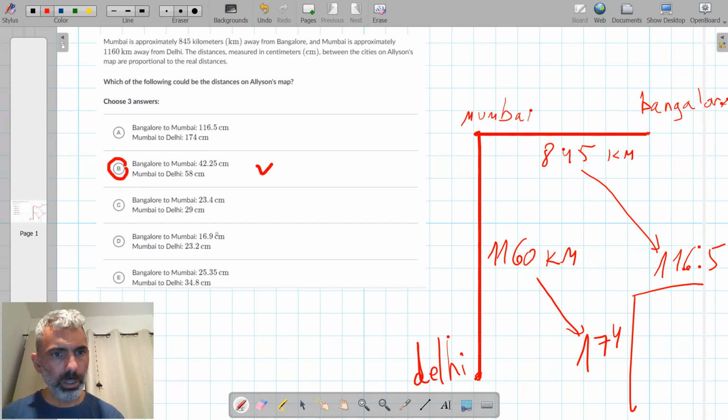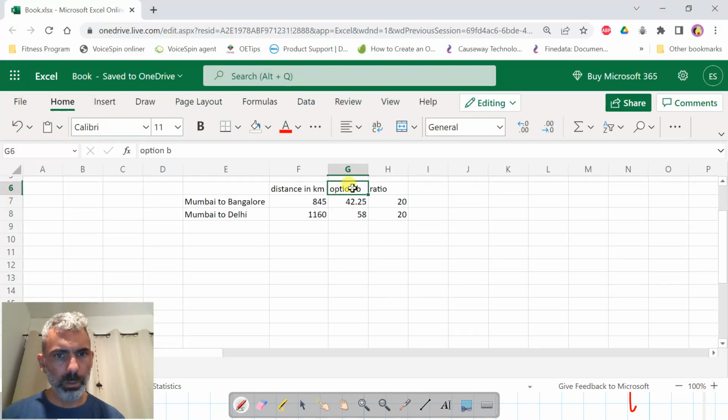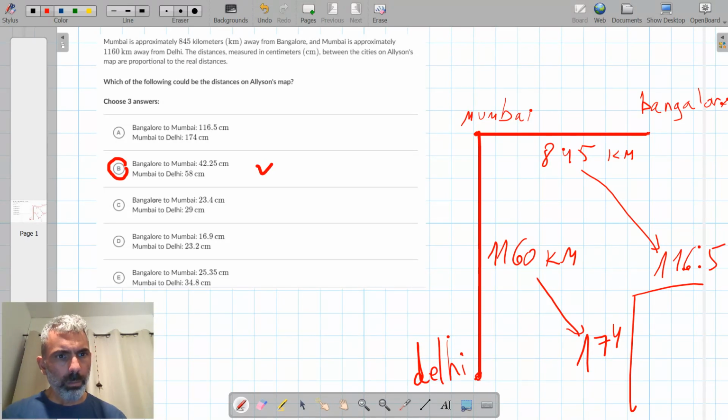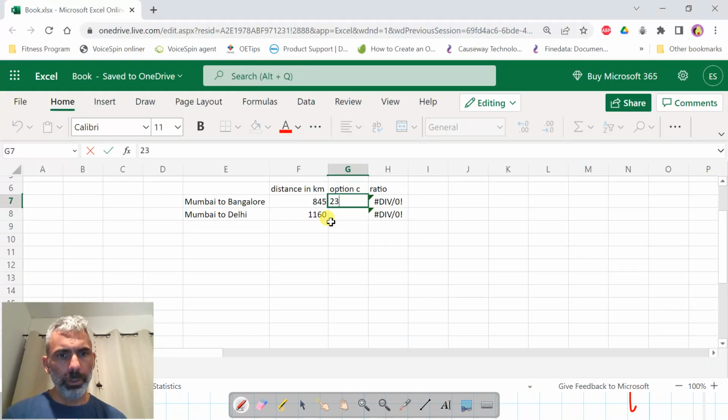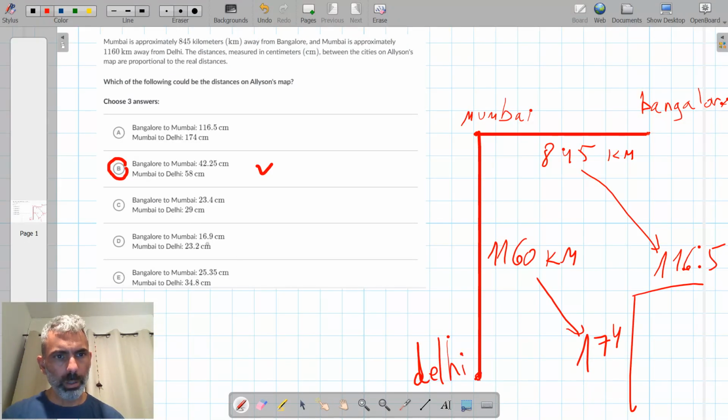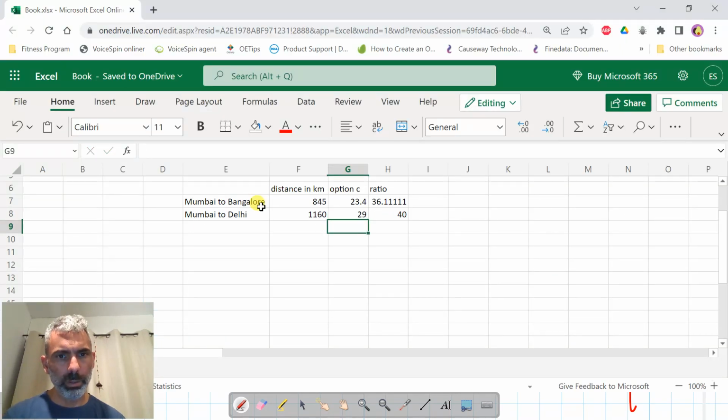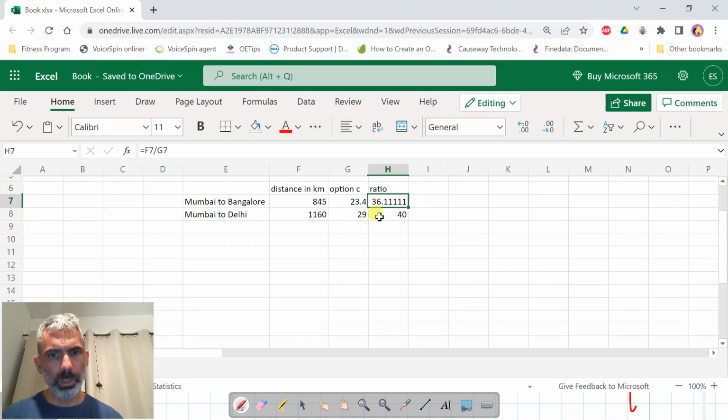Okay, option C. Bangalore to Mumbai 23.4 and 29 centimeters. Okay, so not the same ratio.